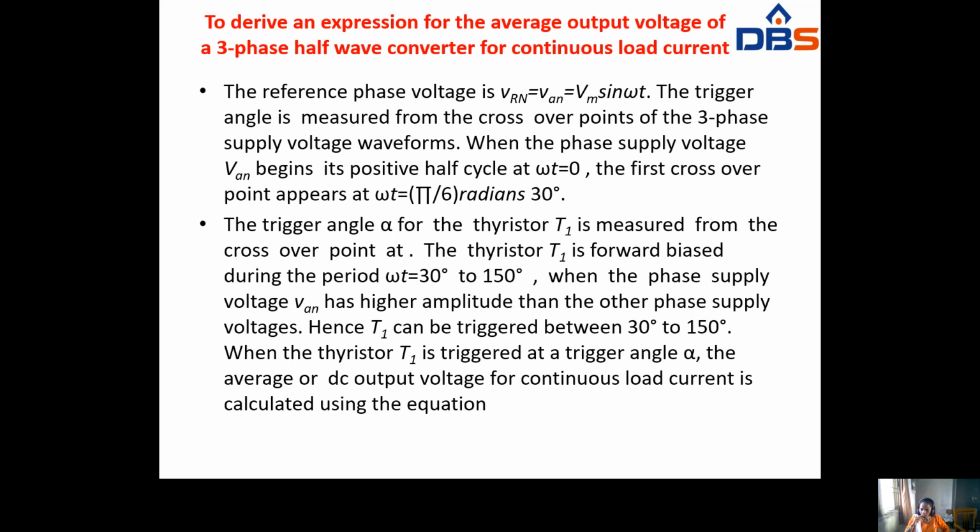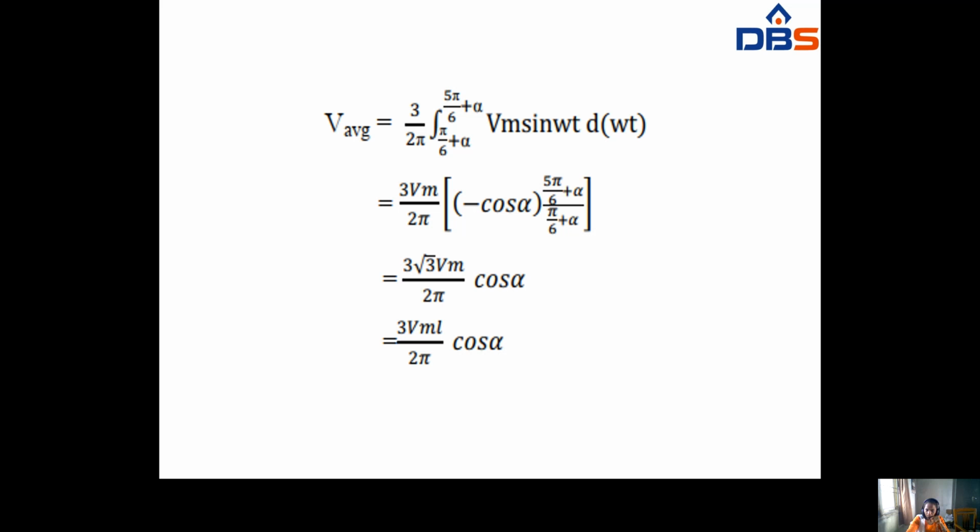When thyristor T1 is triggered at a trigger angle of alpha, the average or DC voltage for a continuous load current is calculated using the equation: V average equal to 3 by 2 pi, integral from pi by 6 plus alpha to 5 pi by 6 plus alpha of Vm sin omega t d omega t.